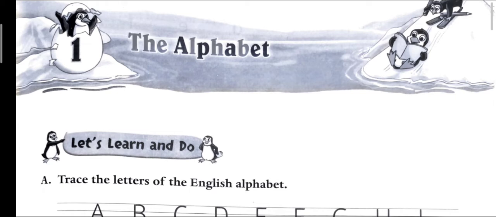And what are those 26 letters? I will tell you now.